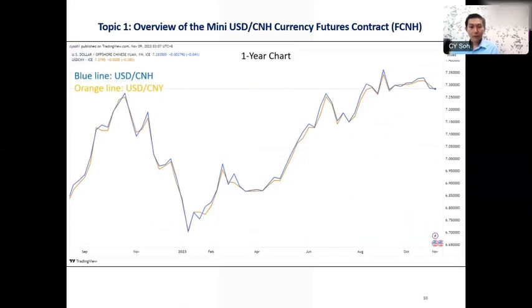Now we can zoom in on this chart and have a closer look. Both CNY and CNH move very closely, and the gap between them is actually very small. In fact, if there is a big gap between them, there will be an arbitrage opportunity whereby financial institutions will buy the cheaper one and sell the more expensive version.